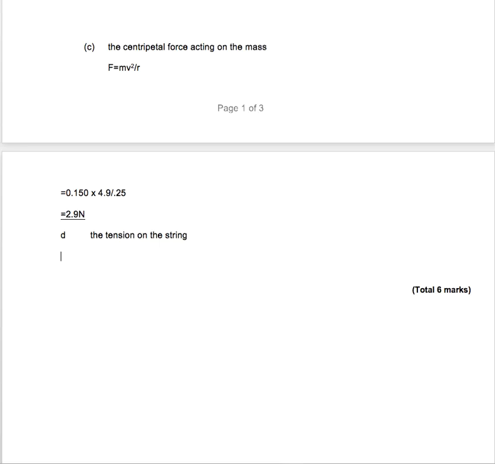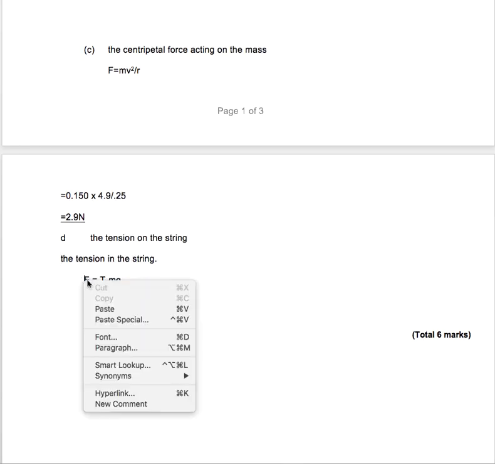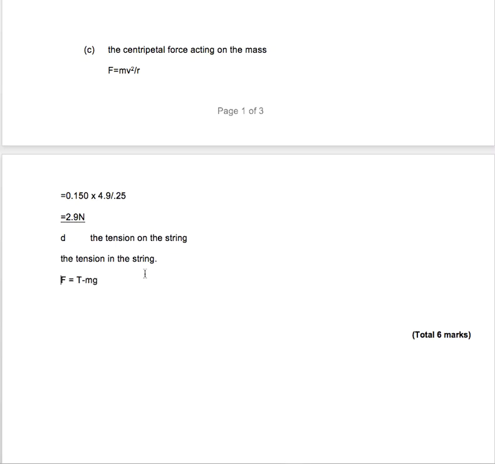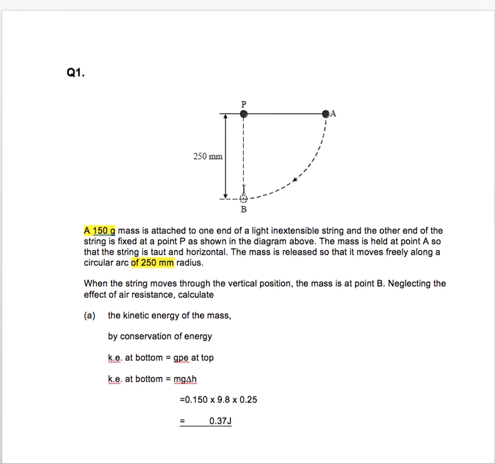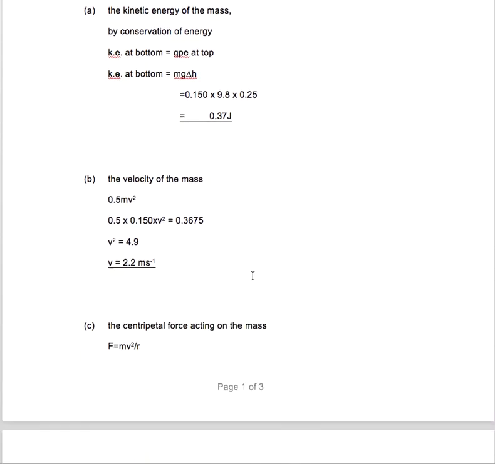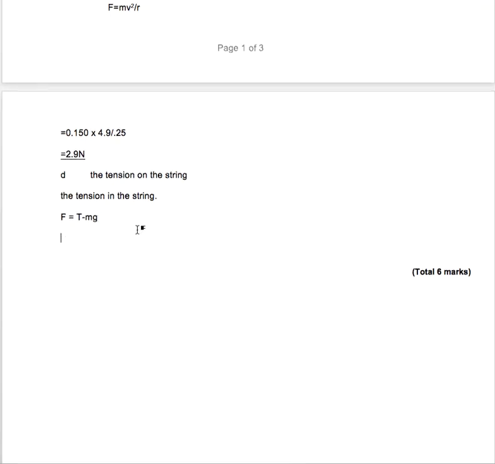So we know that the tension in the string will come to us via F, the centripetal force, is T minus mg, because T is up, mg is down, and F is the resultant in the upward direction here, as we know from our theory of circular motion.